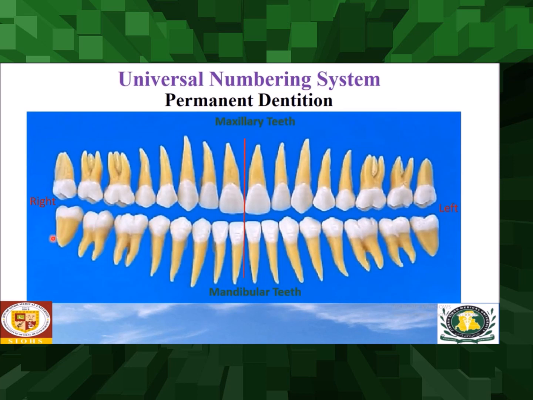Now we will do an exercise of the universal numbering system on the permanent dentition. So this tooth is a right maxillary canine. This is a pointed tooth, that is a canine, and it's the right maxillary canine. So in the universal numbering system, this tooth is numbered as number 6.